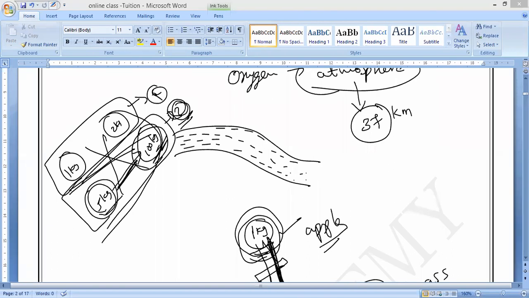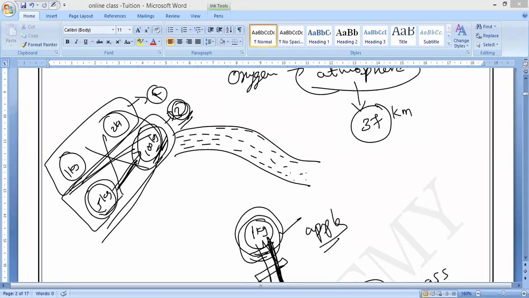Example, a stone which is dropped from a certain height moves towards the earth, towards the ground. You should remember.